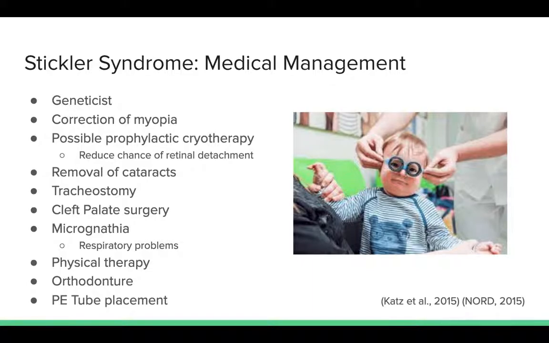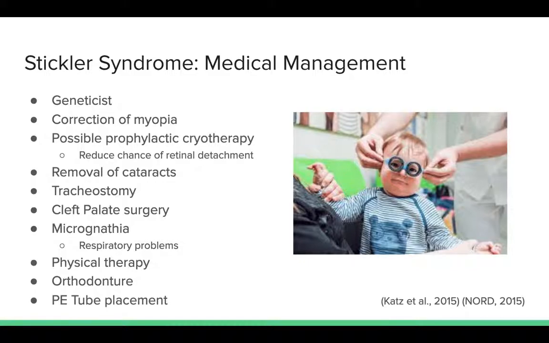So for medical management for Stickler syndrome, this syndrome requires a team of professionals, a multidisciplinary approach to treating and medically managing these children. Each patient with Stickler syndrome is going to present differently based on their mutation or how they are presenting with the mutation.